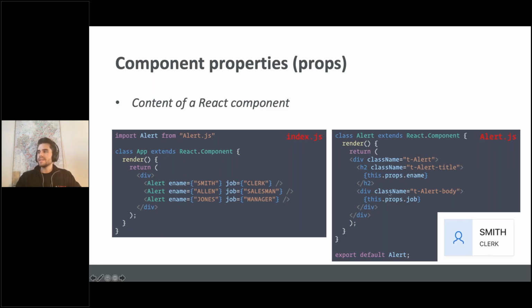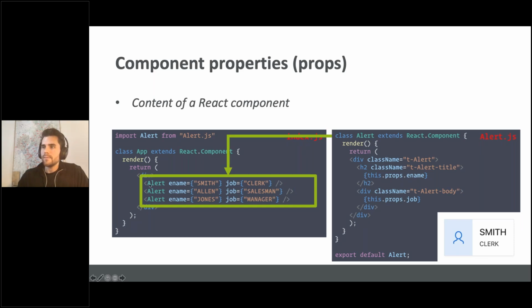Now, from the wrapper, the app component right here, we're calling in alerts from the second file. First of all, you have to understand that we're importing the alert, just like we saw in the previous JavaScript examples. We're importing the file on the right into the file on the left. And because I imported the alert here, I can use the alert in my div down below.